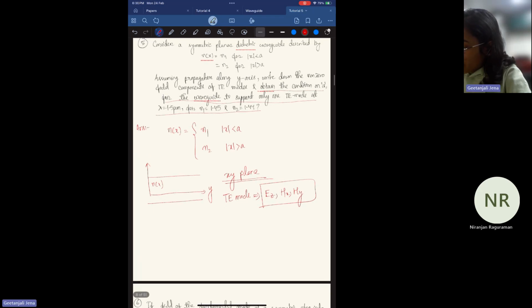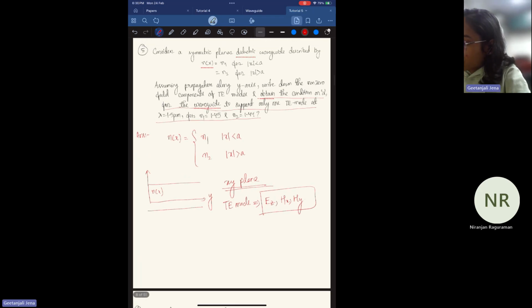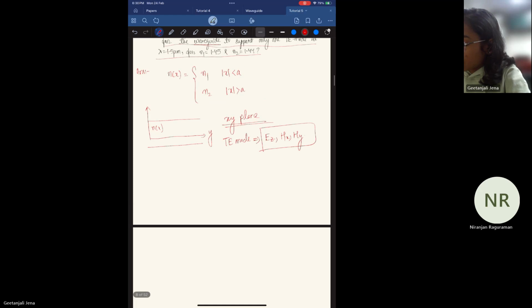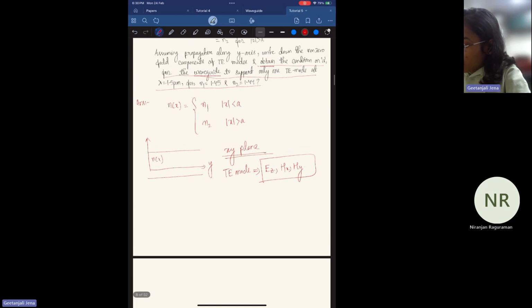And for single mode operation, as we saw in the last question, V should be less than pi by 2.